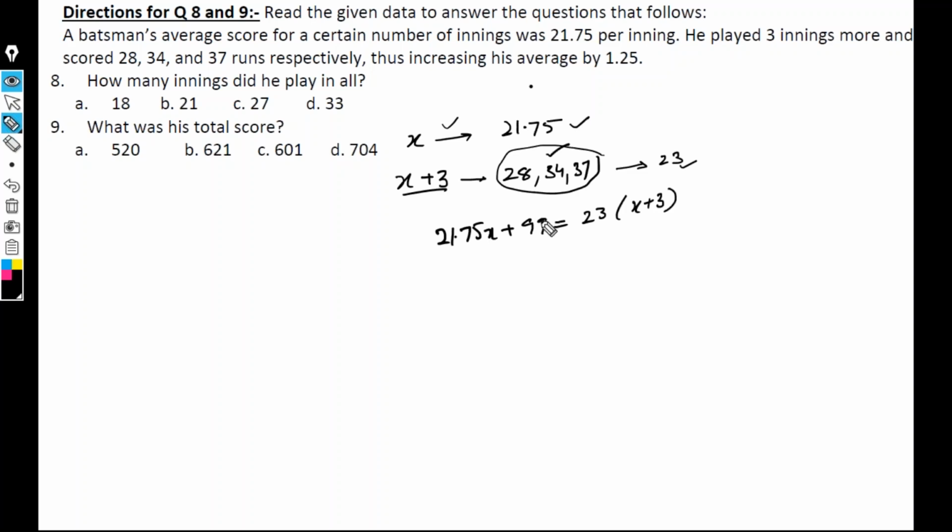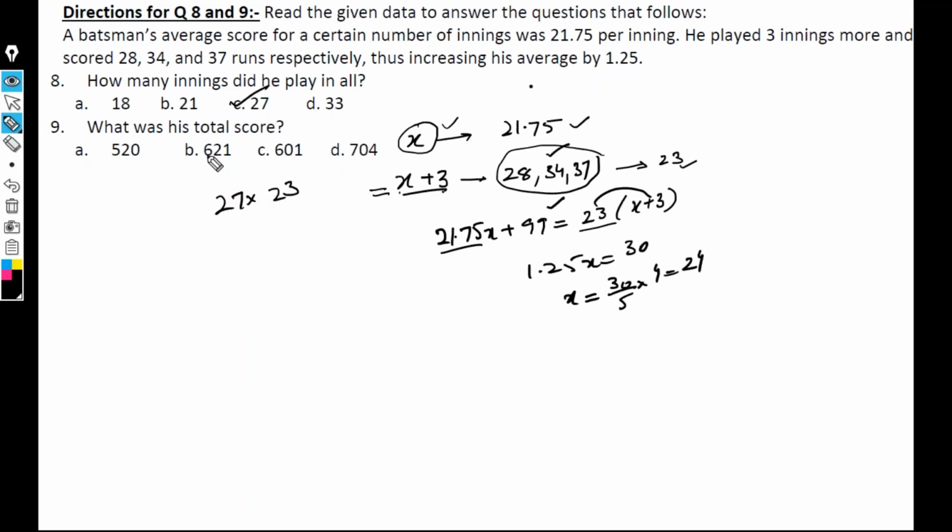So 23 minus 21.75 is 1.25x, which equals 99 minus 69, which is 30. On solving this, x comes out to be 30 upon 1.25, which is 24. So x was the total number of innings he had played previously. Now the total innings is 24 plus 3, 27. So for 27 innings, his average is 23. So the total score is 621.